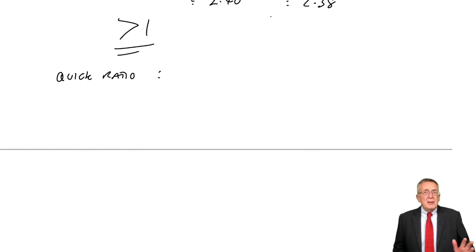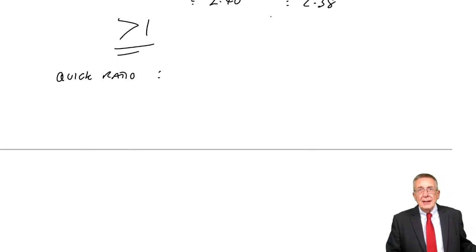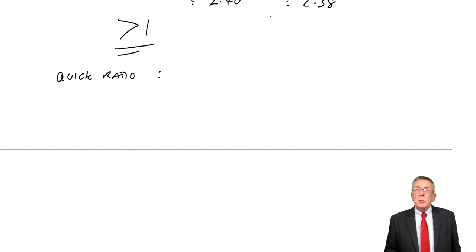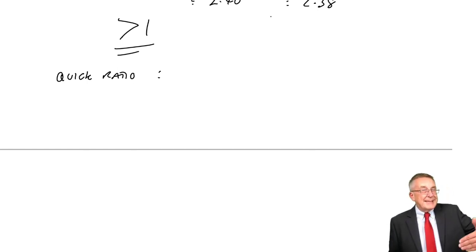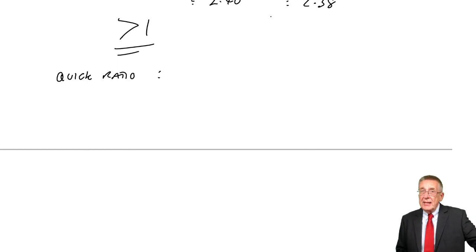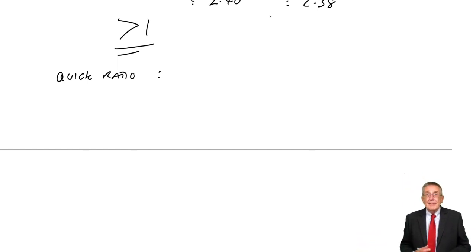We haven't got the cash, but hopefully we'll get that in, perhaps within the month as well. Inventory, though, will take longer because in order to get the cash from inventories, first of all, we need to be able to sell them, and that may take several weeks. And then, of course, if they're sold on credit, it'll be several weeks longer before we actually have the cash. But we need to pay payables perhaps sooner.